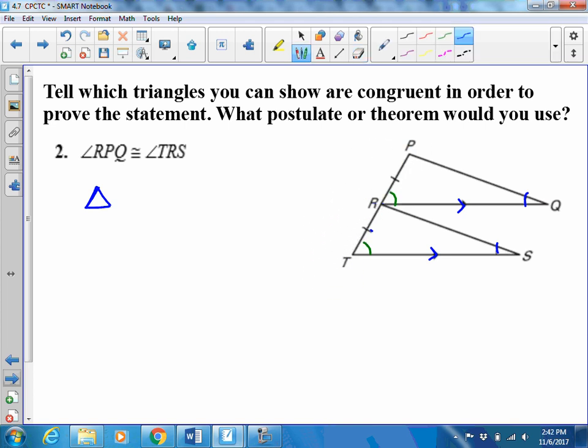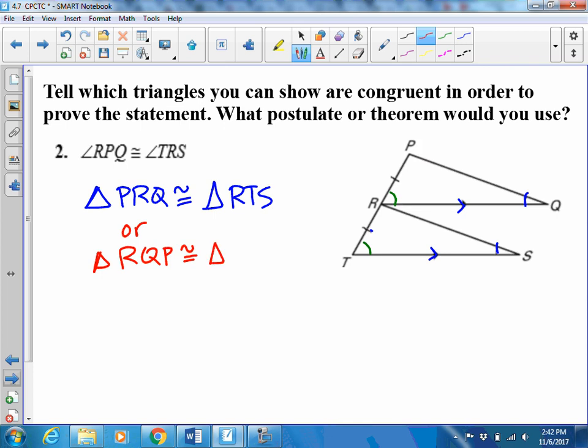One way to name it would be, I'm going to start with the top triangle, PRQ. Triangle PRQ is congruent to triangle RTS. Now you could rearrange the letters and write something different but the same. Another way, I could start with R. So maybe I could say RQP is congruent to triangle TSR.